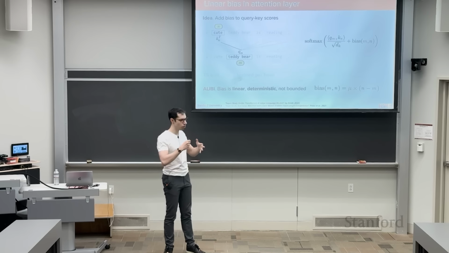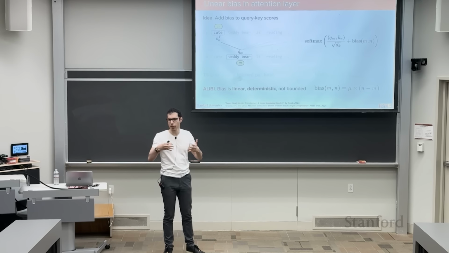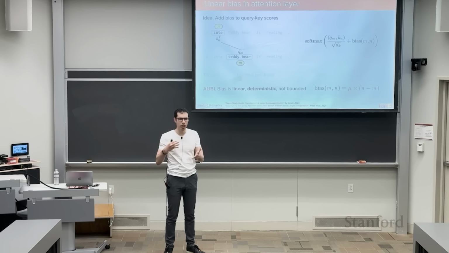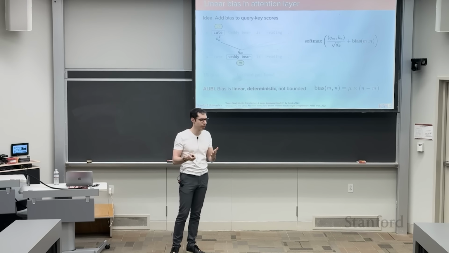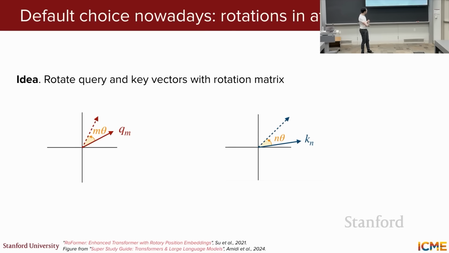They had some results. All of these papers always compare against one another to see which one is more performant. But the reality is that in today's models, most models actually use another kind of position embedding method, and we're going to see it now.